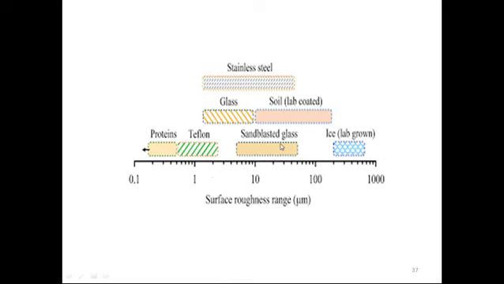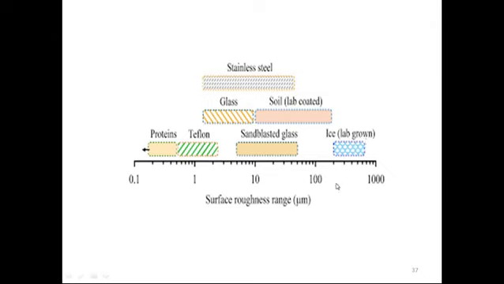If we discuss sand blasted glass, its surface roughness can fall between 1 to 100 micrometer. The Ra value of these materials falls in between. If we discuss the lab ground material, like this ice material, it can fall between 100 to 1000 micrometer.